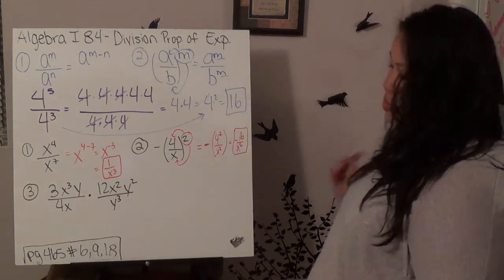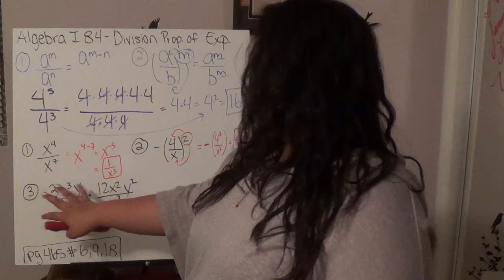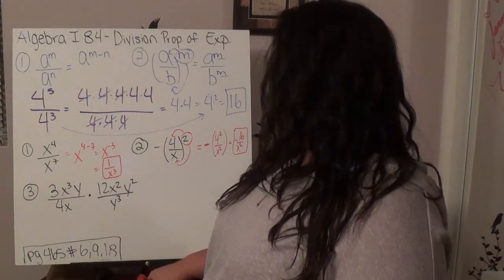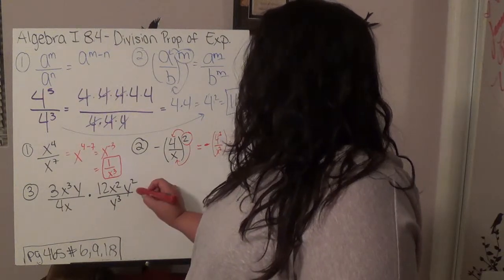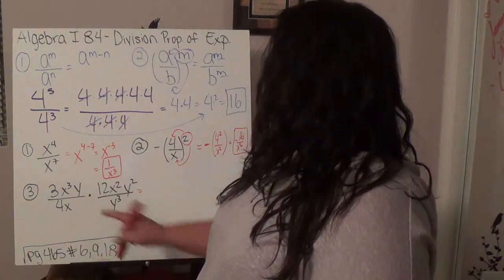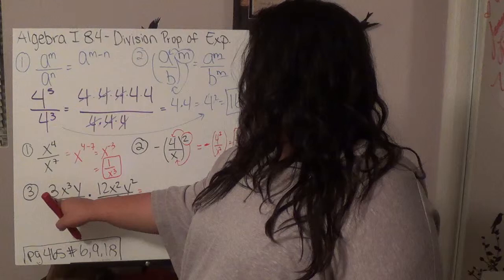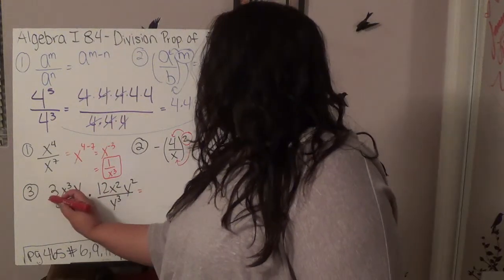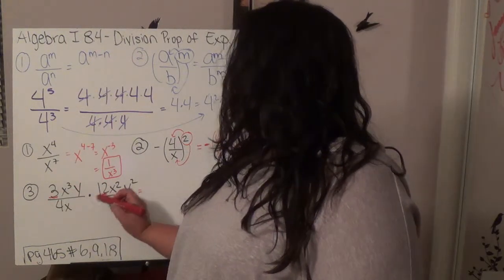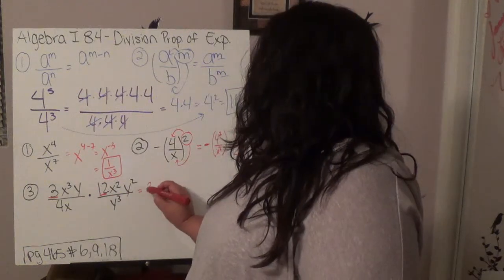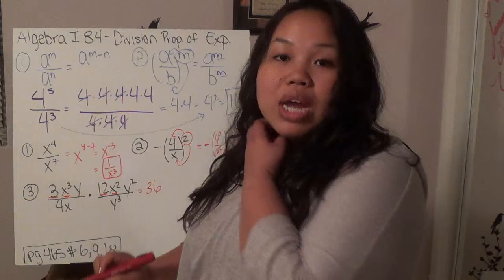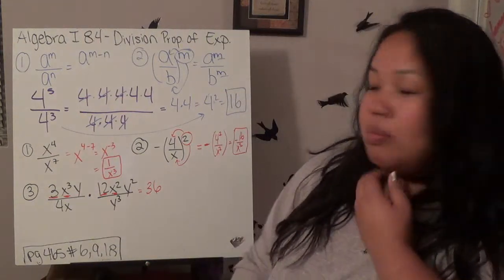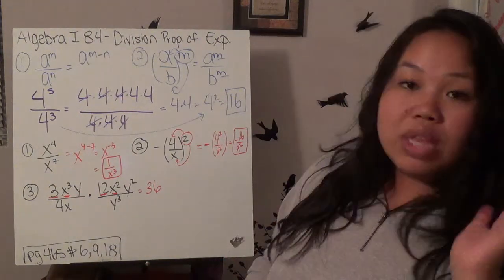Let's try another one. This one's a little longer, a little bit more complicated. I'm going to combine all terms on top. I'm not going to do any division, I'm just going to focus on like terms. So 3 times 12 is 36. For x cubed and x squared, remember when I am multiplying with the same base, what do I do with the exponents?